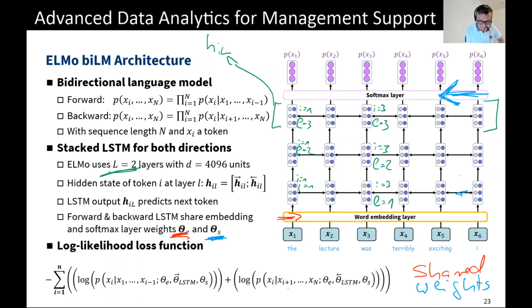Which color is left for me? Here we have our forward path, where we have this probability distribution over words. And here we have the corresponding loss part. And we also have our backward path.